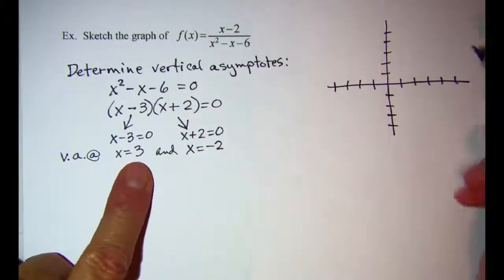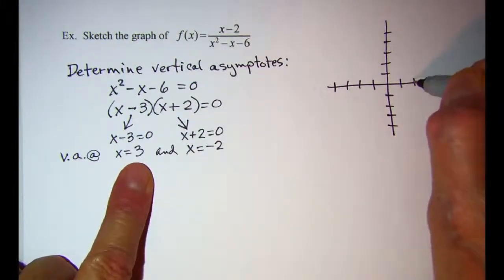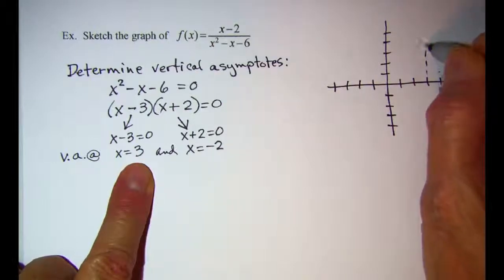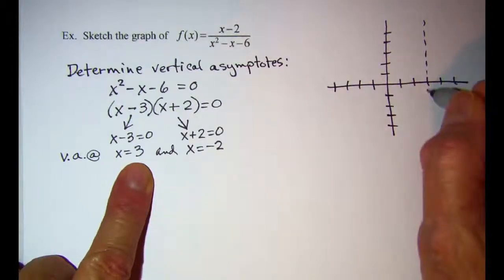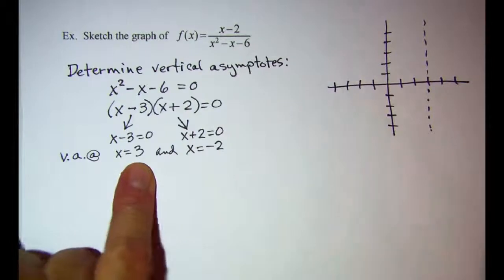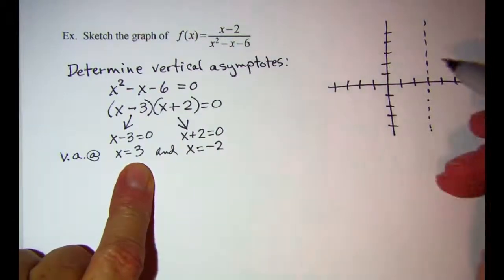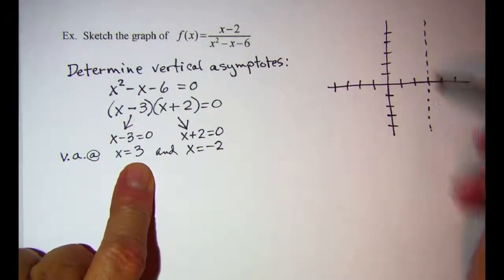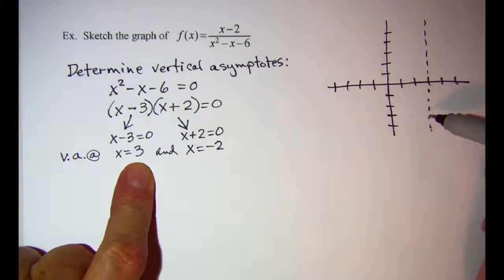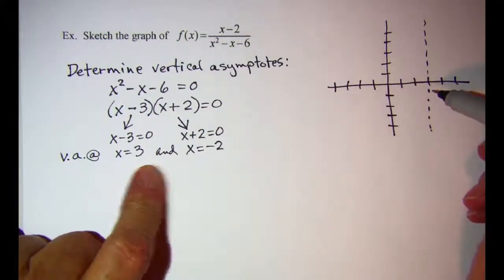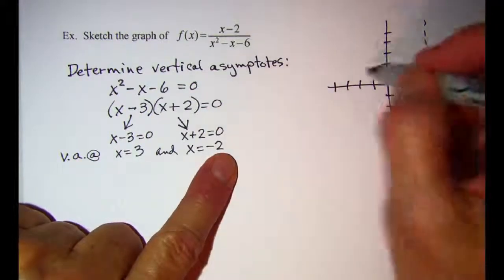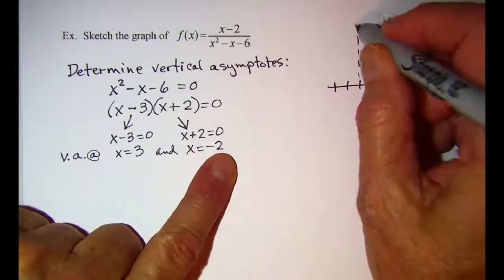When x equals 3, I have a vertical asymptote. So I need to draw a dotted line to indicate that my graph is not going to cross this because x cannot equal 3. Also at negative 2, I have a vertical asymptote.